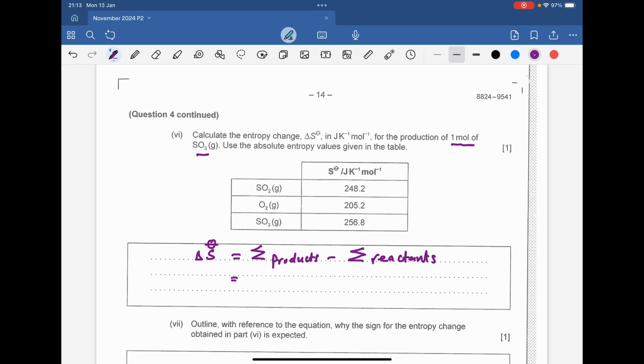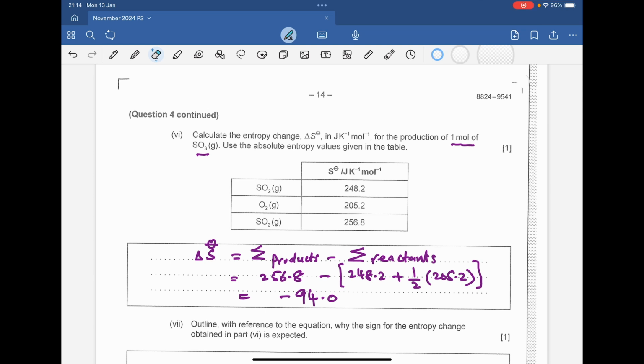On the product side we have SO3, and absolute entropy for SO3 is 256.8, minus we have SO2, and absolute entropy for SO2 is 248.2, plus we have a half molecule of oxygen because they said for 1 mole, so half, and entropy of oxygen is 205.2. If I solve all of this, that will give me minus 94.0 joule per Kelvin per mole.